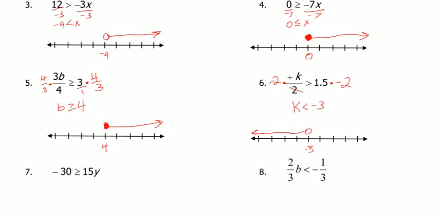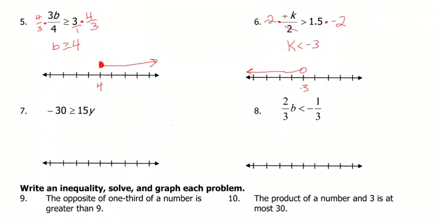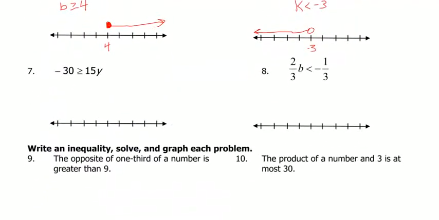Alright. And moving right along. Number 7. We're going to divide each side of this by 15. Divide that by 15. Divide that by 15. That's going to be negative 2 greater than or equal to y.